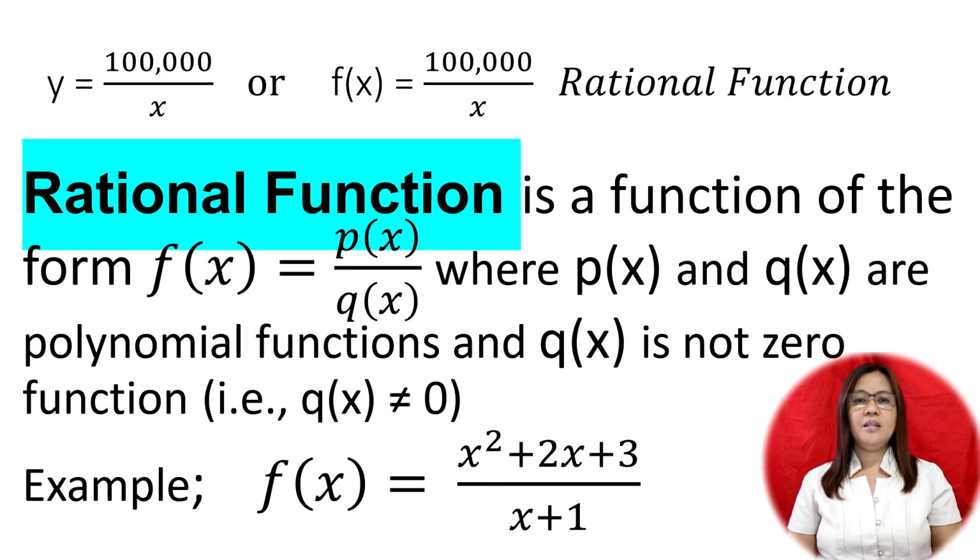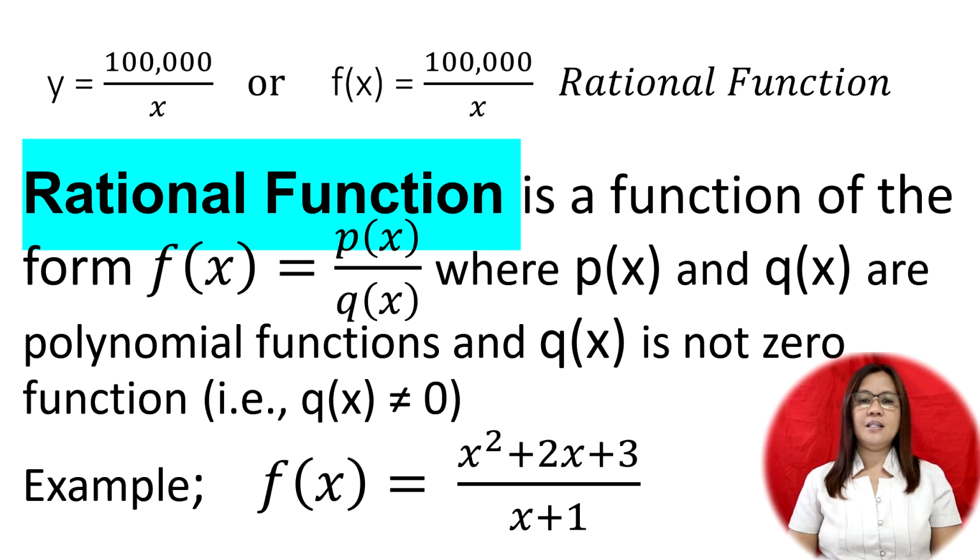A rational function is a function of the form f of x is equal to p of x over q of x, where p of x and q of x are polynomial functions, and q of x is not a zero function. Example, f of x is equal to x squared plus 2x plus 3 over x plus 1.